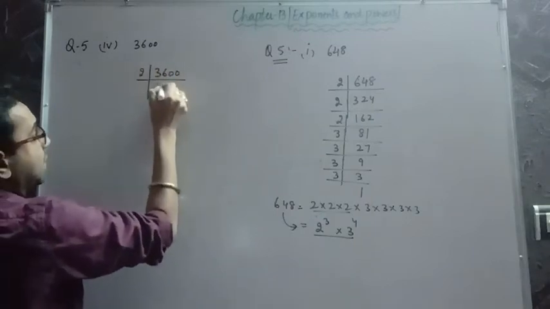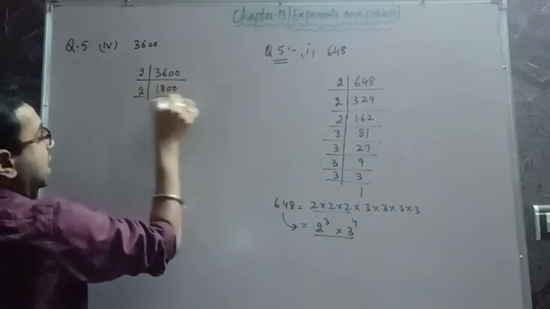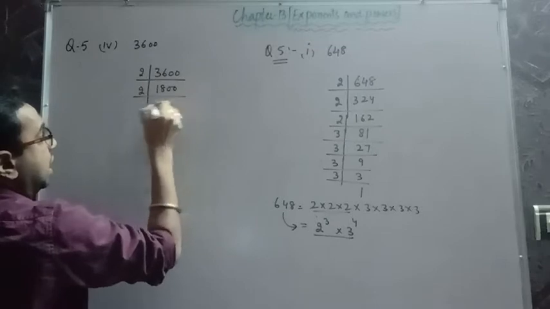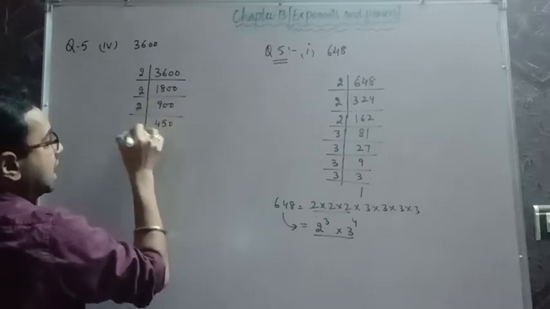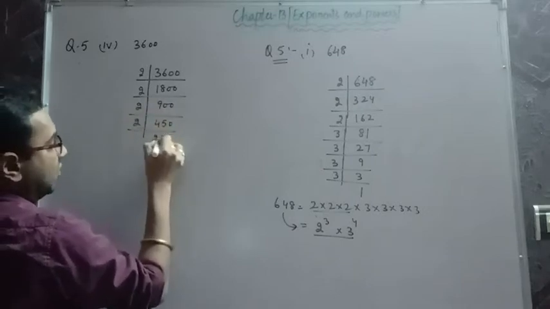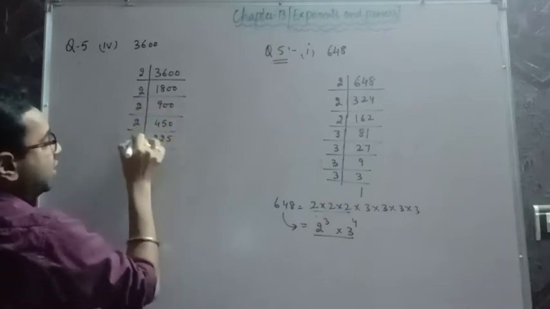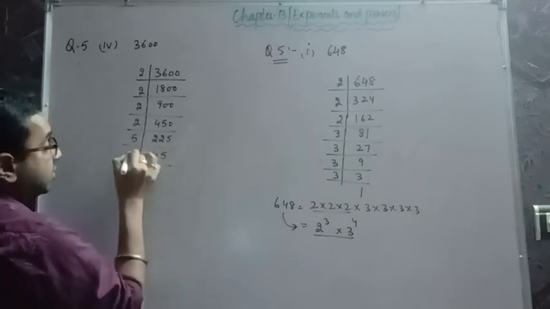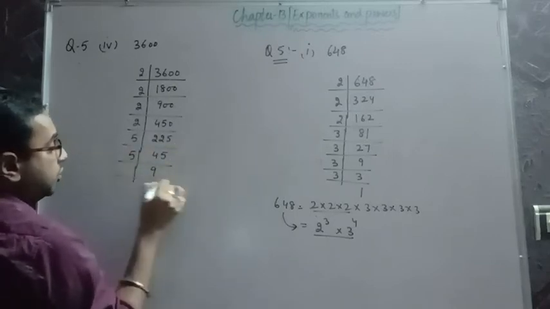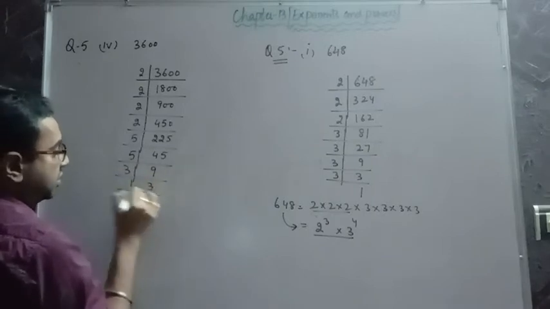Again, an even number, I'll be dividing by 2. Again even, again even, again even. Then 225. Now 225 is definitely divisible by 45. Again, 5 nines are 45, 3 threes are 9, 3 ones are 3.